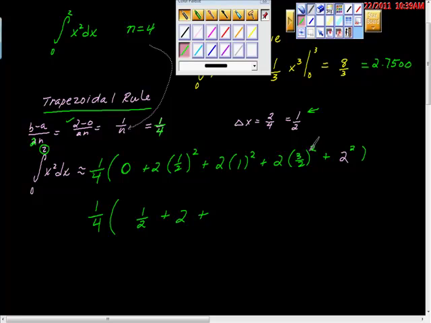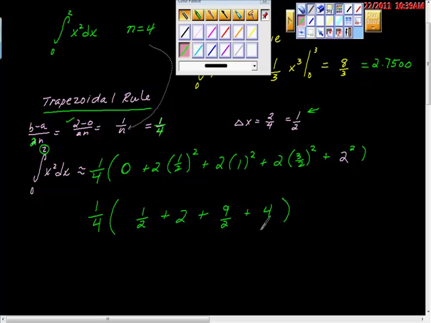This thing squared is 9/4. So we have 9/4 times 2, which is 18/4, which is 9/2. So 9/2 here plus 2 squared is 4.